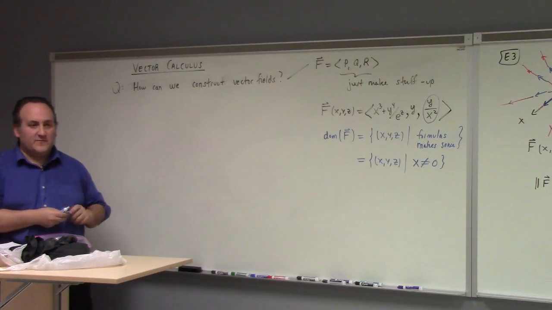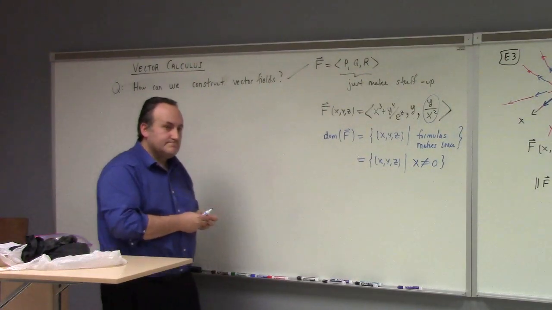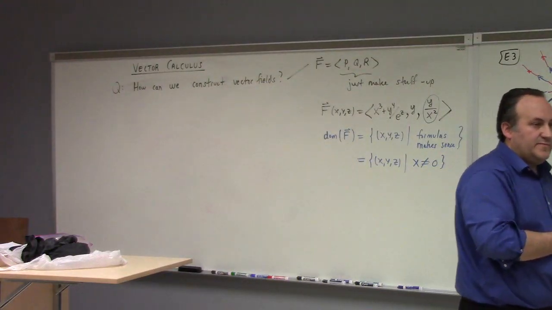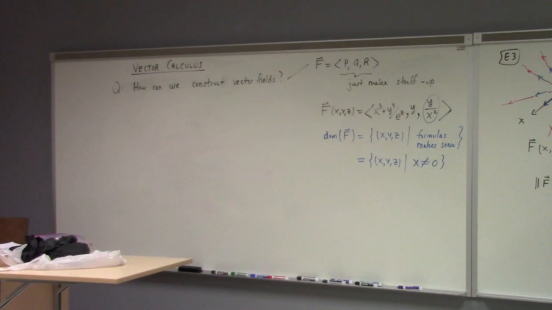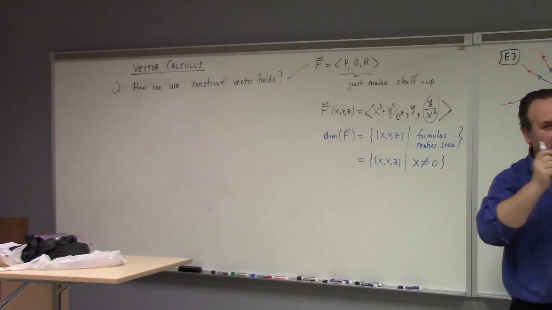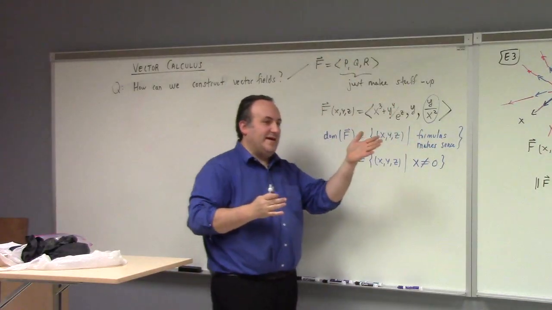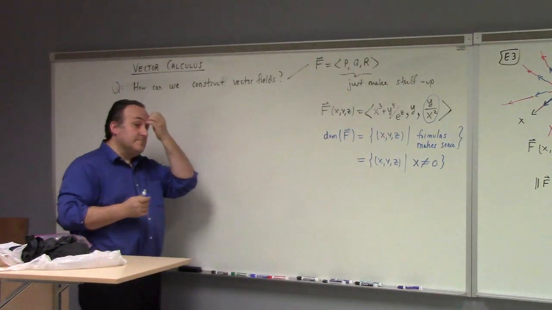What was the domain of the Coulomb field? All numbers except the origin. We call this punctured 3-space. It's like 3-space with the origin removed. What's the domain of the magnetic field for a long steady current?